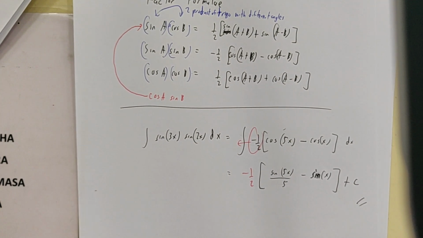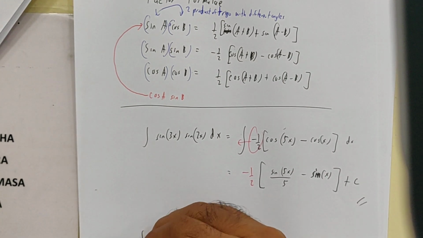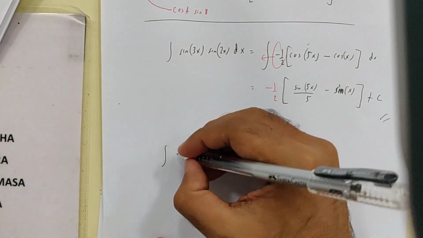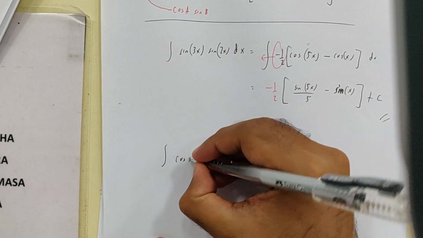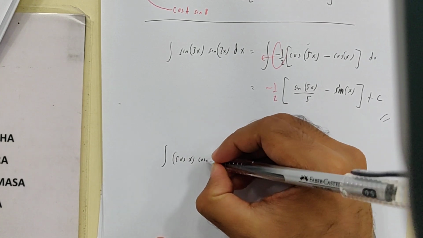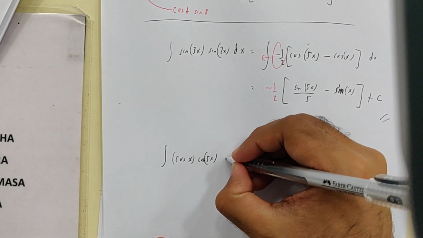You okay? Now, what about this one? Try it out quickly. Cos x, cos 5x.